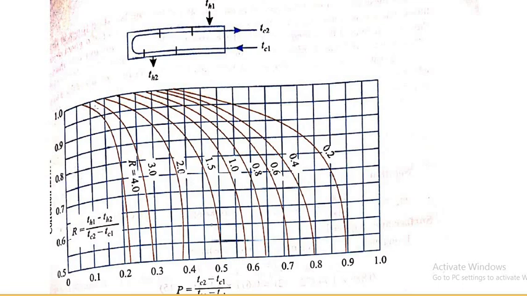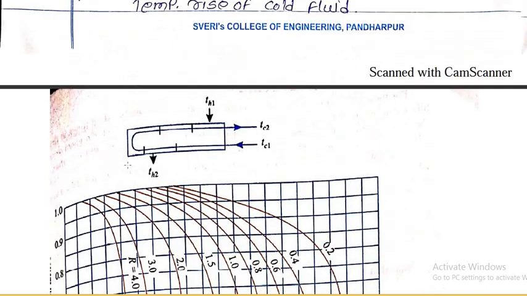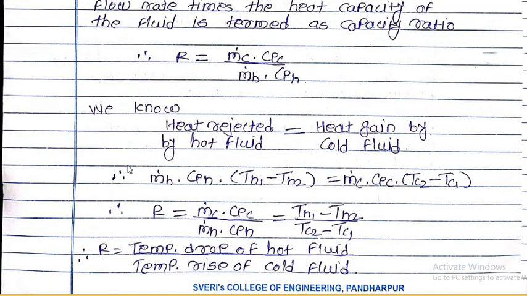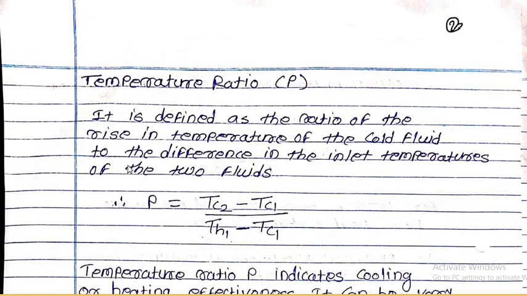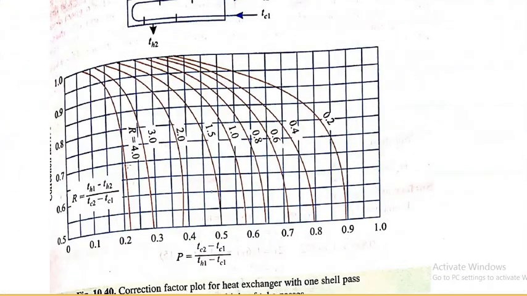Now, for the temperature ratio we are considering P. The temperature ratio, denoted by P, is on the x-axis, and it varies from 0 to 1.